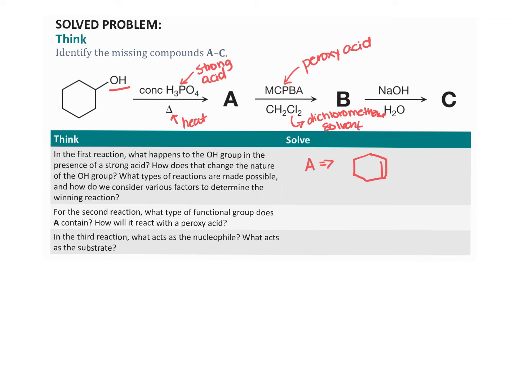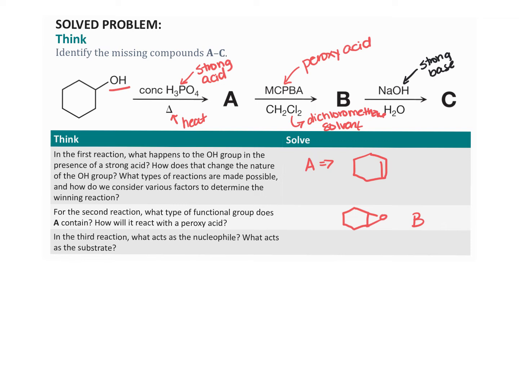So we know when that occurs, this is the product we're going to get. So this is B, okay? And so now we need to ask ourselves, all right, we have B, right? And here we have a strong base.